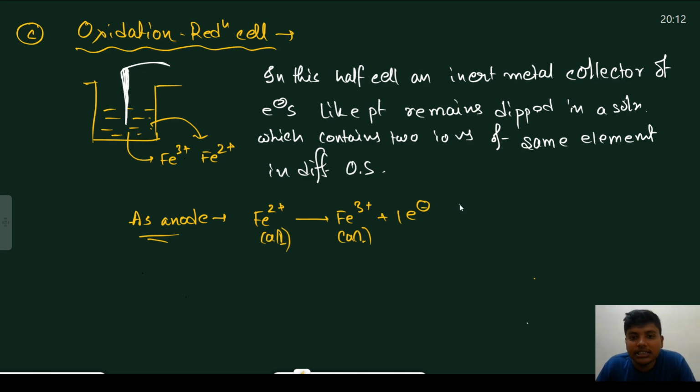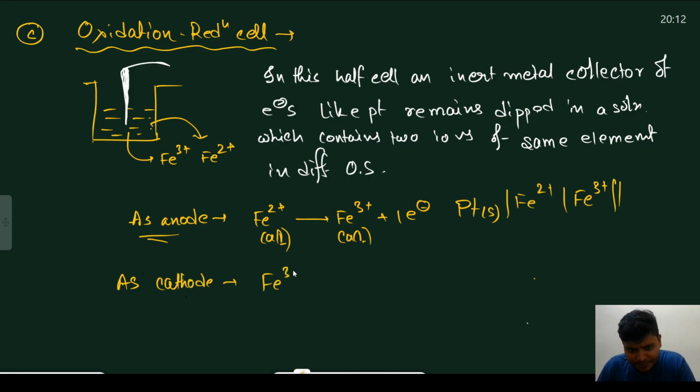And how to represent this? Platinum solid, then Fe2+ to Fe3+. And as cathode, if you take, then Fe3+ plus 1 electron to Fe2+.